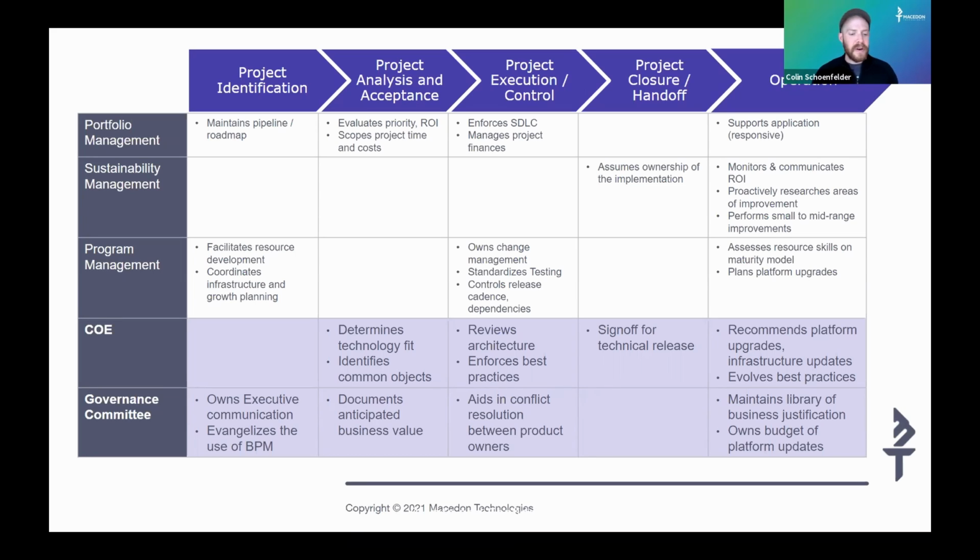So what is the governance committee starting to do right at the beginning of the implementation? Yeah, that's great because the COE is helping you save money right off the bat, right? You've got those components that you're able to use to jumpstart and speed up any new project. So what the governance committee is usually doing is documenting the anticipated business value that we're going to get out of this, as well as the return on investment.